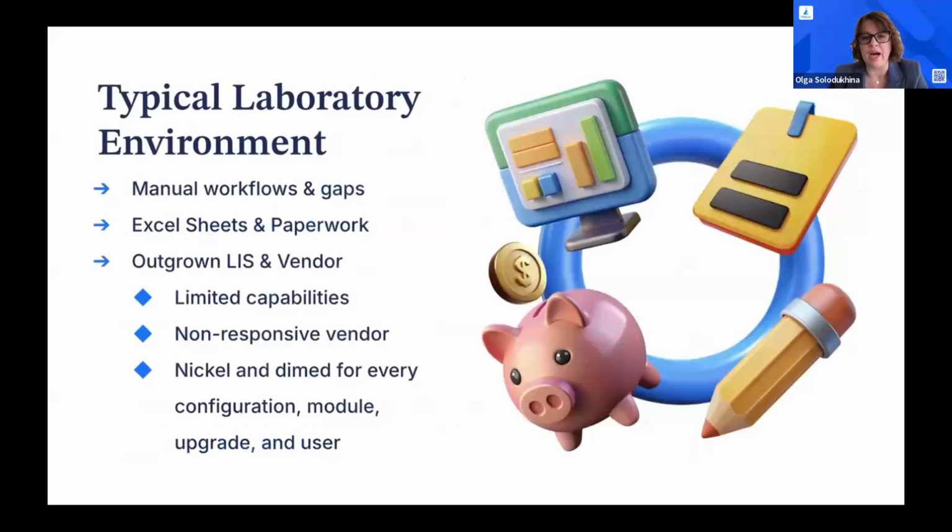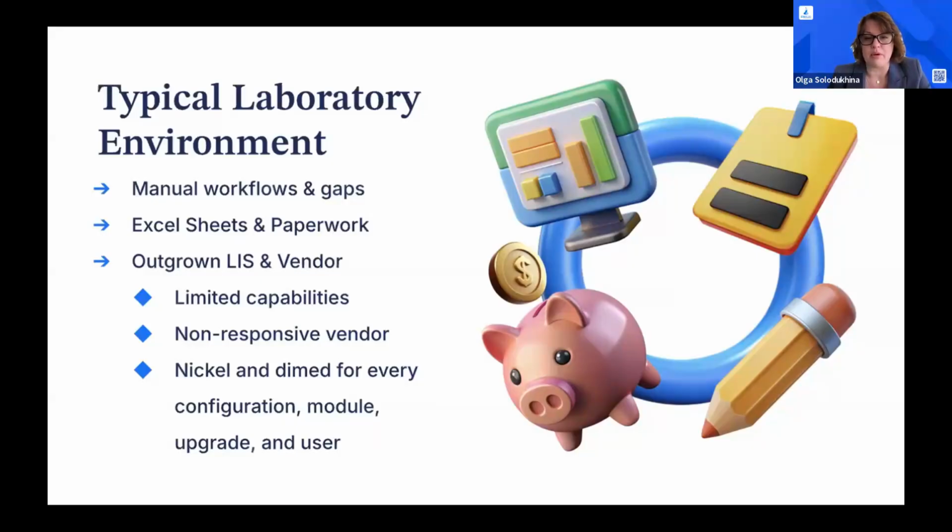The typical lab environment we see when we go to the labs now is like that. A lot of labs still have a lot of manual work processes and a lot of gaps in between departments and inside each department inside the lab. A lot of Excel spreadsheets or document files, and that's something a modern system can definitely beat.